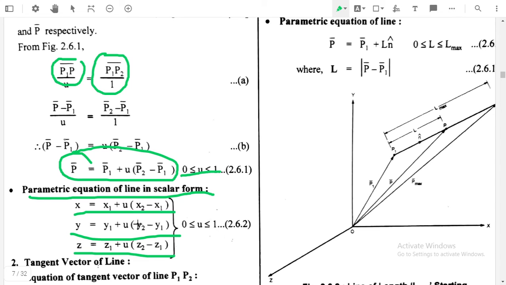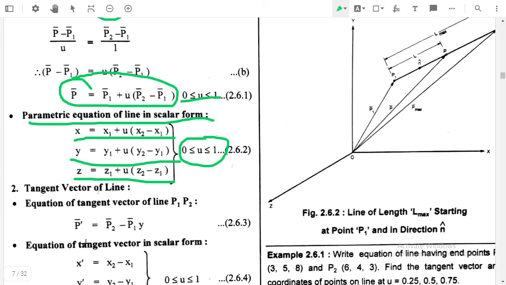These are the equations, and the value of u is varying from 0 to 1. So this is the parametric equation of the line in a scalar form.